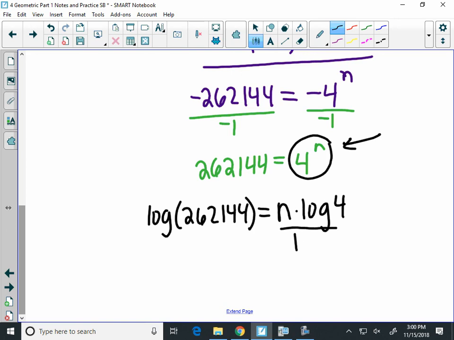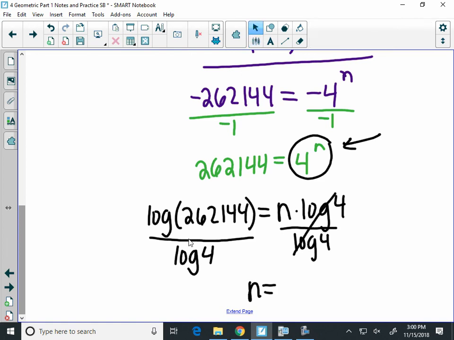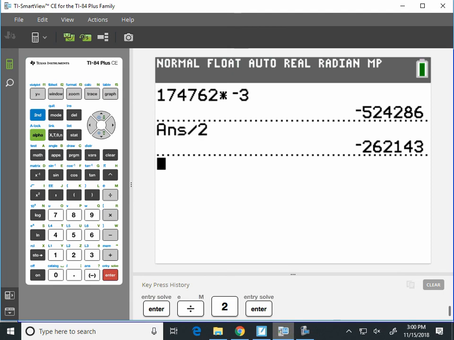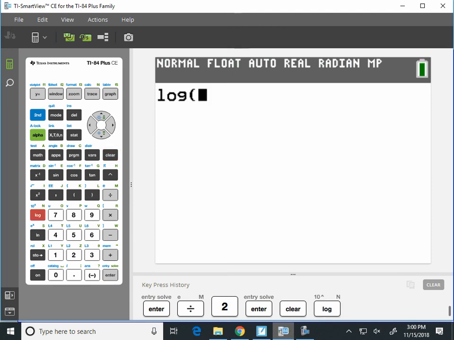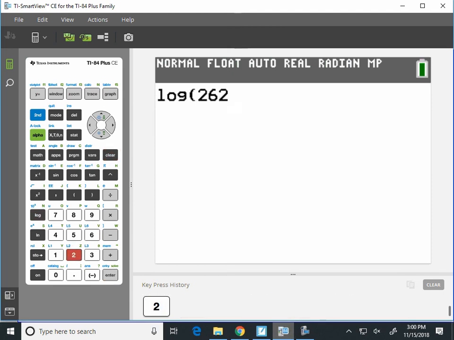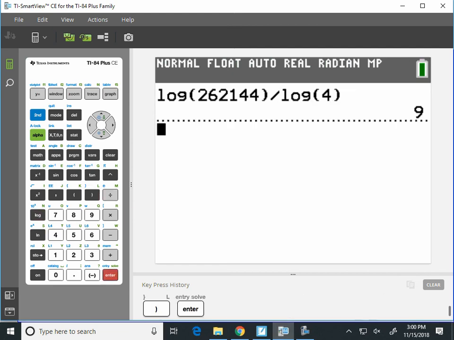Because now all you have to do is divide by log of 4 to get your value of n. So we're going to type that into our calculator. Log of 262,144 divided by log of 4. I get n equals 9.